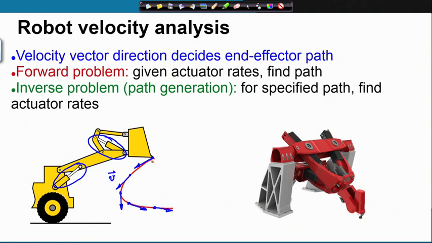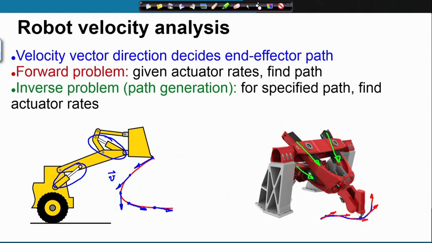Similarly, for the case of this parallel kinematic machine, suppose you have to make this tool traverse a certain path, then you can do so by specifying the velocity along the path and finding out the expansion rates of these actuators.